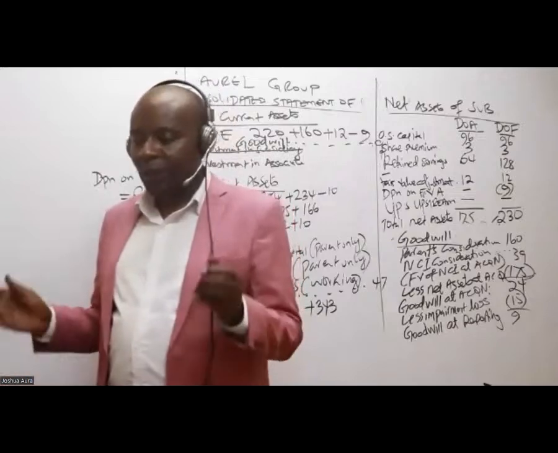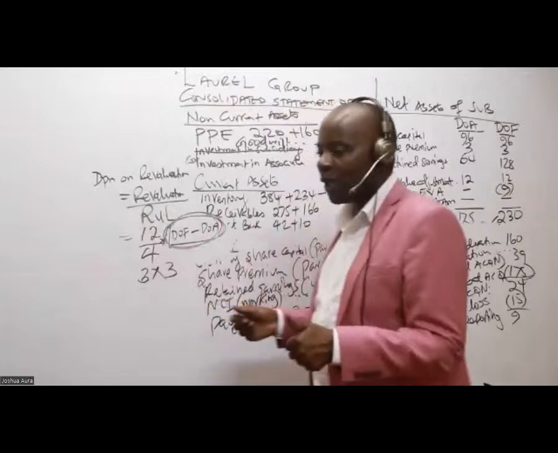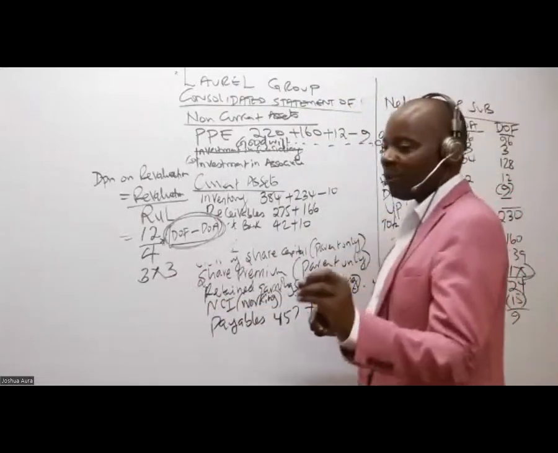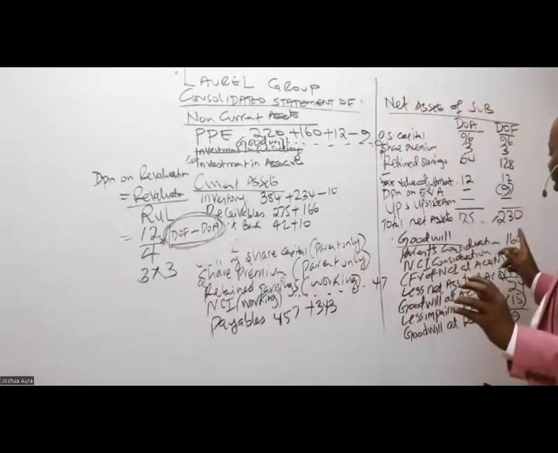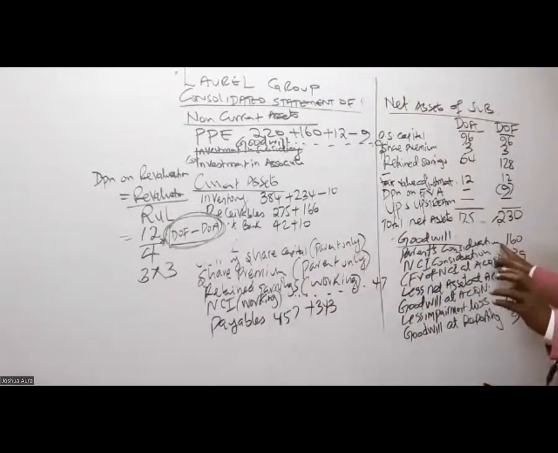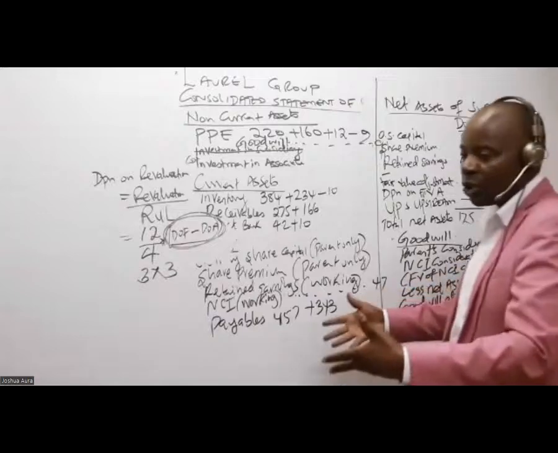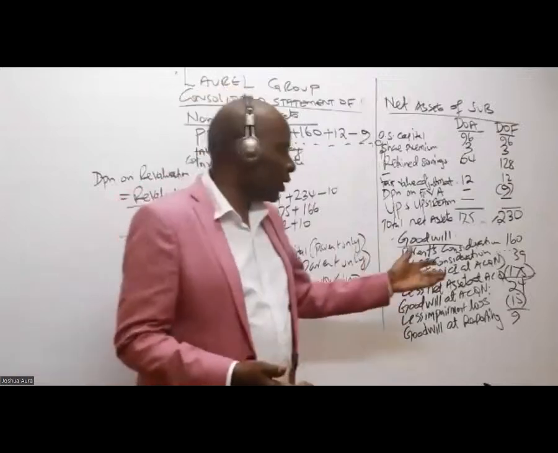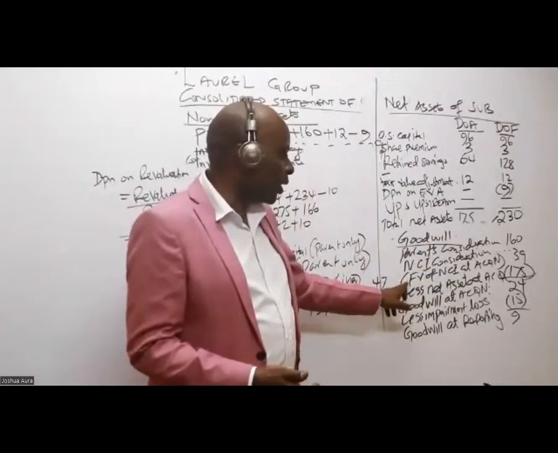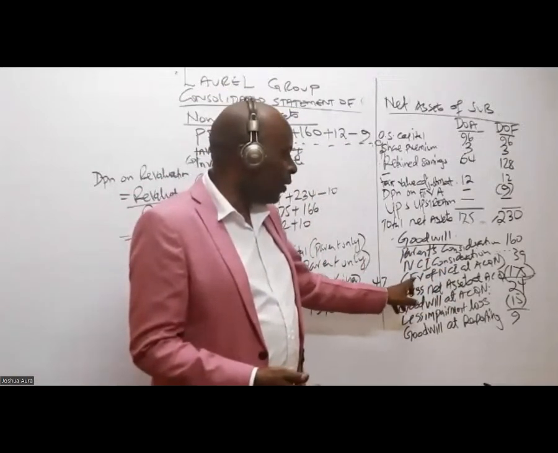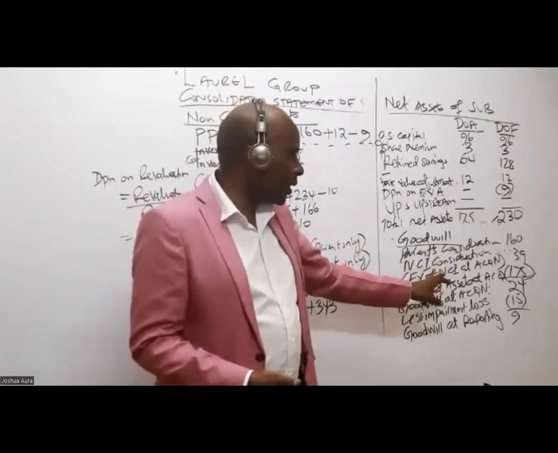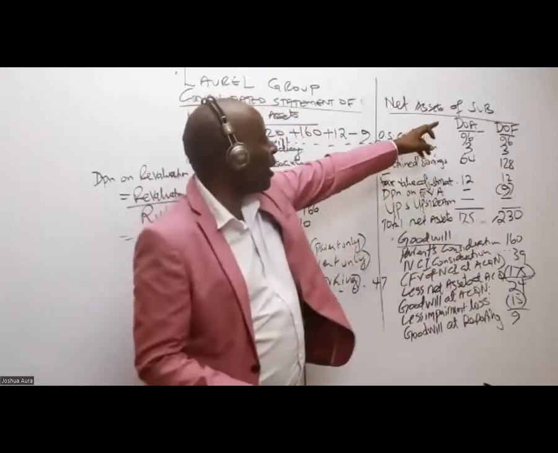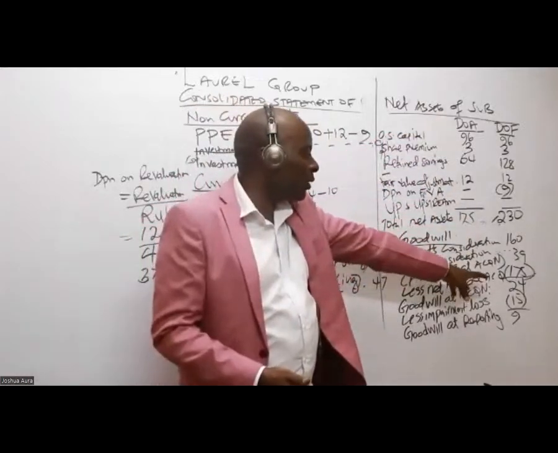Somebody is again telling me to repeat on this goodwill. What we have done, we've taken the parent's consideration. To get 80% of the shareholding in this subsidiary, the parent paid 160. During this acquisition, the NCI's value was 39. Then we subtract the net assets at acquisition, which was 175.